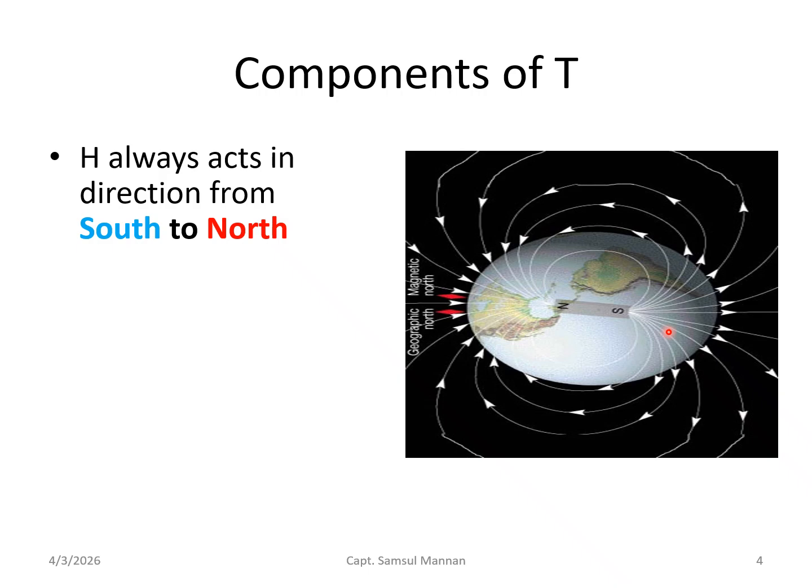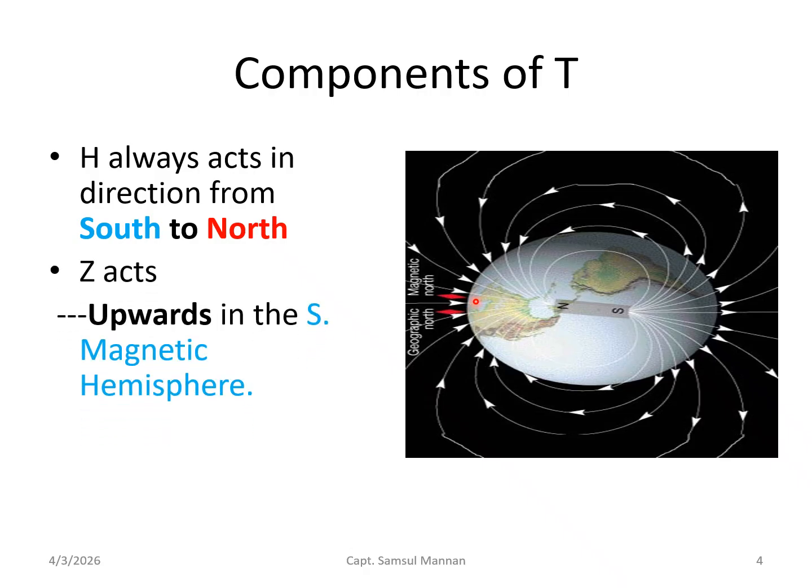Because we have learned previously that the magnetic lines of force always travel from south to north. In other words, we can say that the magnetic lines of force travel from red pole to blue pole. So that's why H will always act in a direction from south to north.